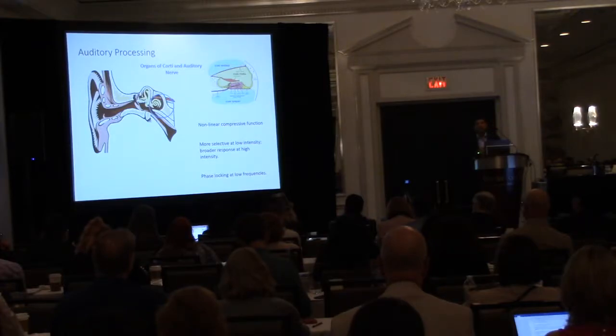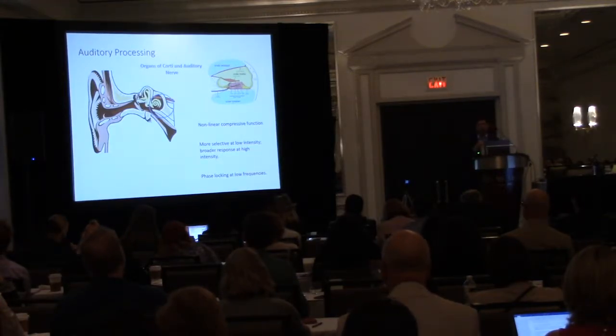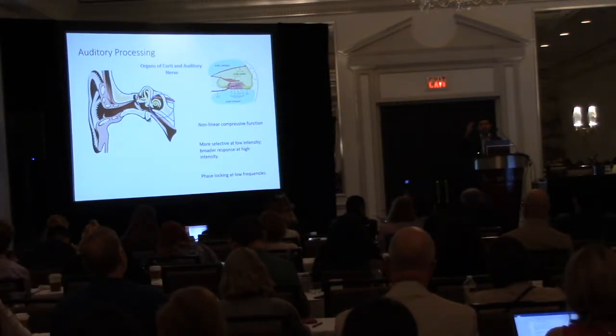The inner ear, also the stereocilia and the eighth nerve, have some other properties that allow us to code sounds into the eighth nerve a little bit differently. One is it's got a non-linear compressive function, which means as the sound energy grows, the amount of intensity that is coded into the signal changes.